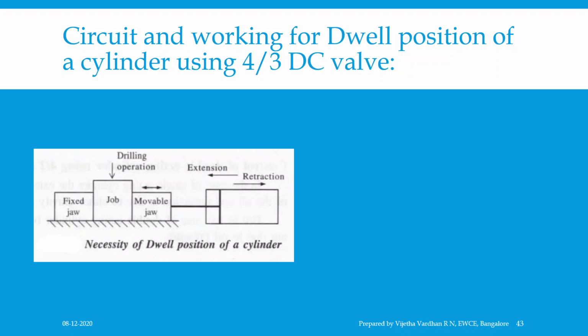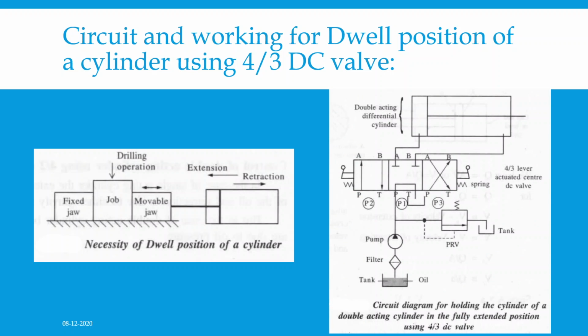The figure shows the block diagram of the drilling operation, the corresponding fixture, and the extension and retraction of the cylinder. The job is secured in the fixture by extension of the cylinder during the drilling operation, and the cylinder is said to be in dwell position. Dwell position of the cylinder can be achieved using a 4 by 3 center position DC valve. Now let us understand it more clearly with an image here.